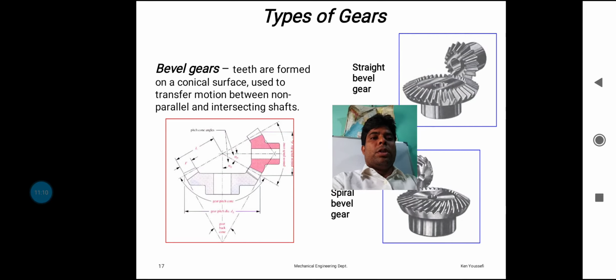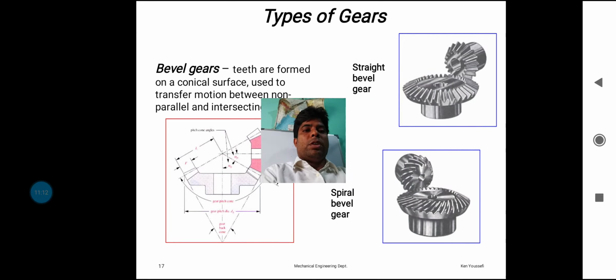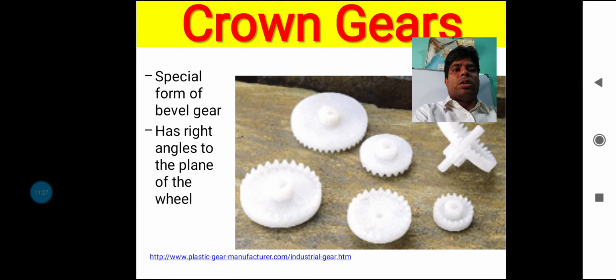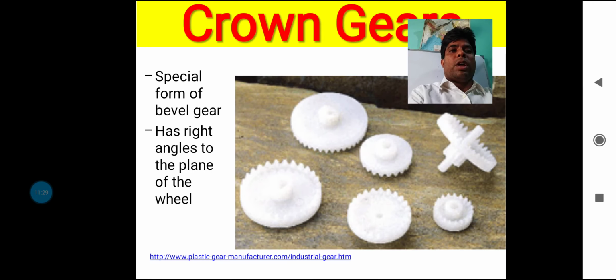Straight bevel gear, spiral bevel gear. They have the same function, just a more complicated design. Crown gear: a similar type of gear, a special form of the bevel gear, with teeth at a right angle to the plane of the wheel.